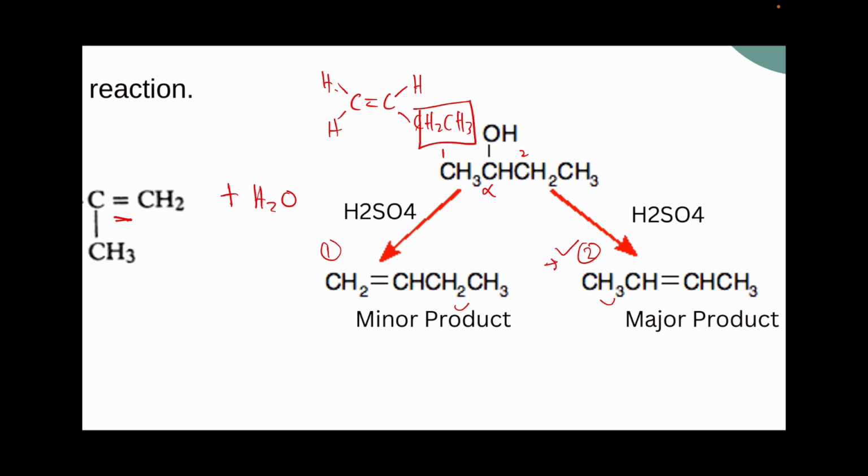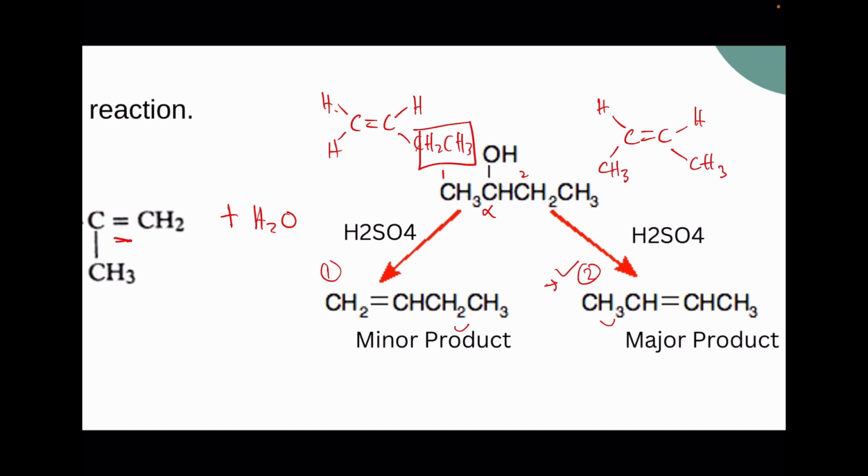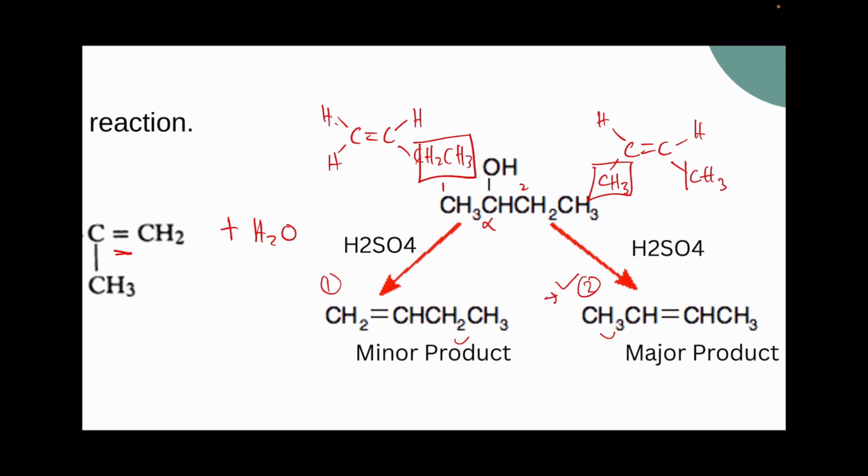If you expand the second structure, you get a structure like this one. Based on the second structure, you can see that there are two alkyl groups attached to the C=C, which gives the major product for the reaction.